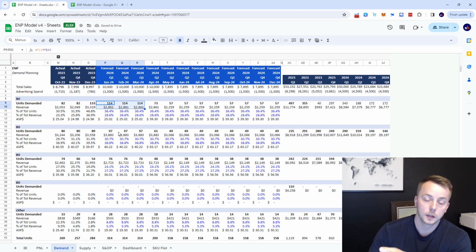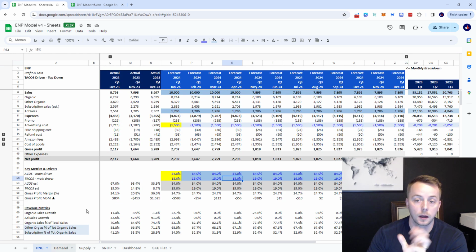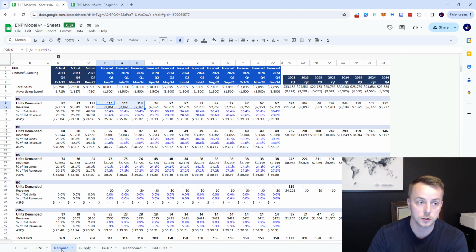So it's giving you a ballpark on what to expect on unit demand given how much you plan to spend and each unit's recent contribution to overall sales. Obviously, if you do something like a humongous discount or go out of stock or something like that, we can't account for that. That's not what the tool is used to do. It's used to just give you an idea how to plan.